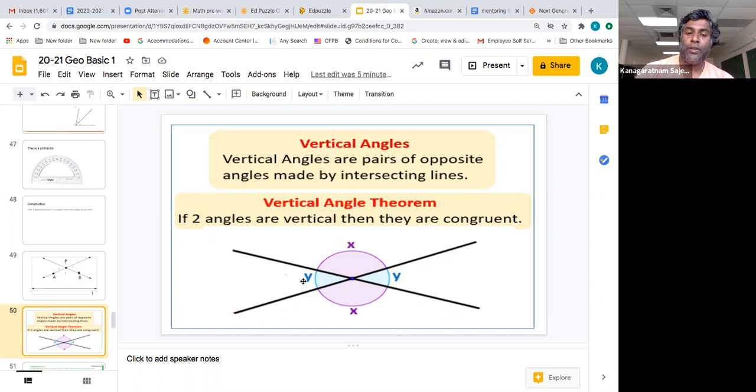All right, and same thing, these two angles, which are Y, are vertical angles because they are opposite. If you look at it, these two angles don't share any rays. These two rays make this angle, and these two rays make this angle, so they don't share any ray.